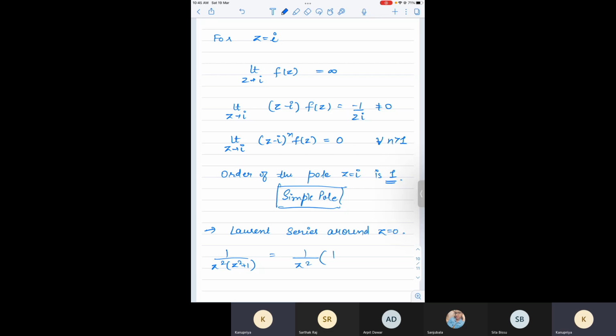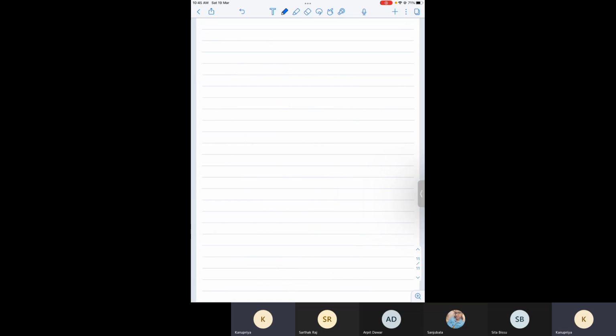We can also write it as (1 plus z square) to the power minus 1. Yes or no? Yes. Also, we can open the binomial here, so we will get a series.